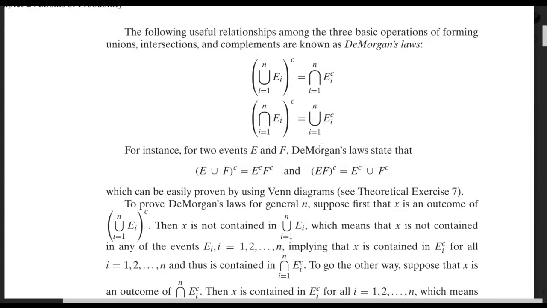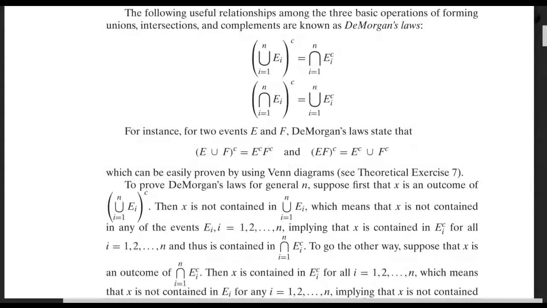Let's say two events, since two events are easier to see. If we have E union F, the complement of E union F is E complement intersect F complement.